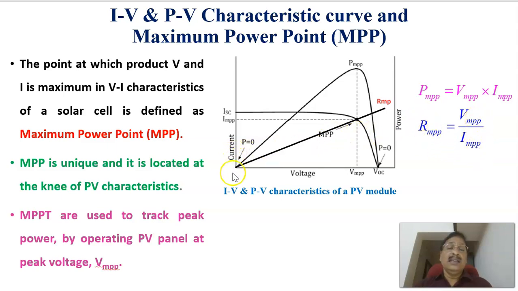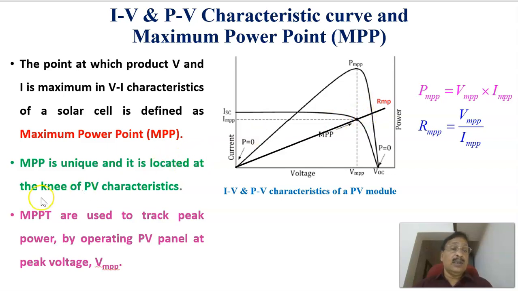Therefore, this is the resistance of the solar panel corresponding to the maximum power point. The maximum power point is unique and is located at the knee of the PV characteristics. This is the maximum power point at the knee of the PV characteristics.